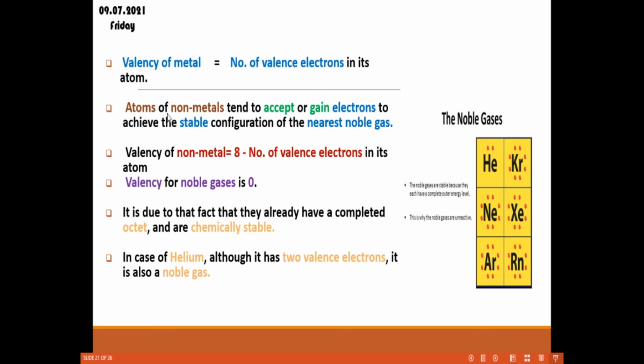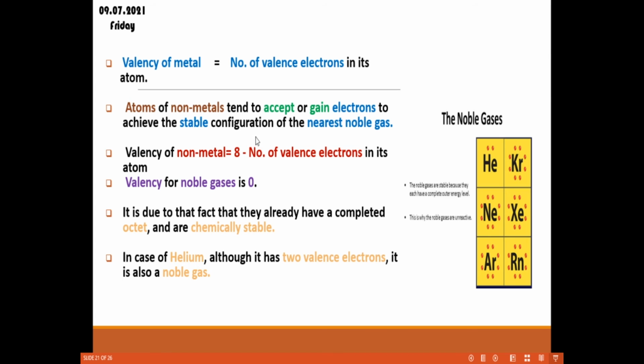And then atoms of non-metals. Non-metals means like carbon, nitrogen, oxygen, fluorine. These are the non-metals. They tend to accept or gain electrons to achieve the stable configuration of the nearest noble gas.